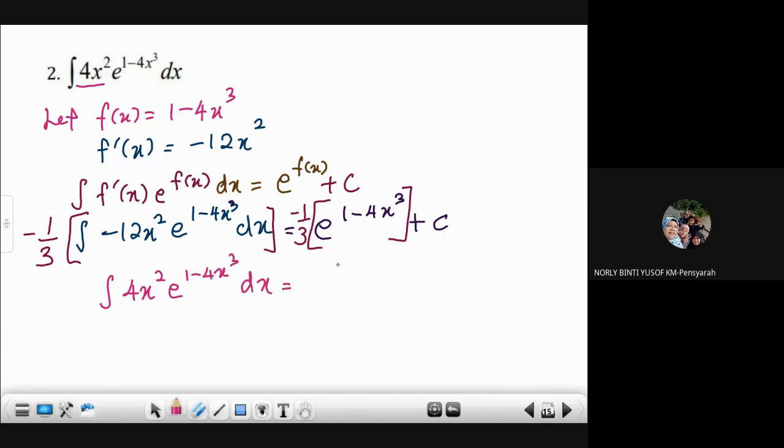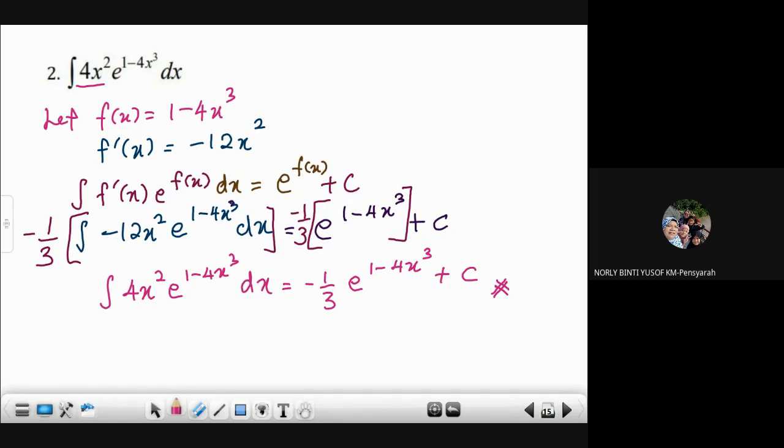So yang ni akan jadi negative 1/3 e power of 1 minus 4x power of 3 plus c. So that is your answer. You are using the formula but you don't get exactly as the question when you check f prime x. So you kena adjust dekat situ.